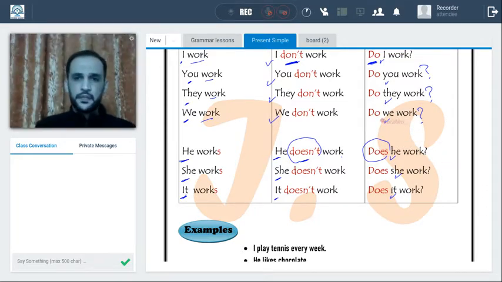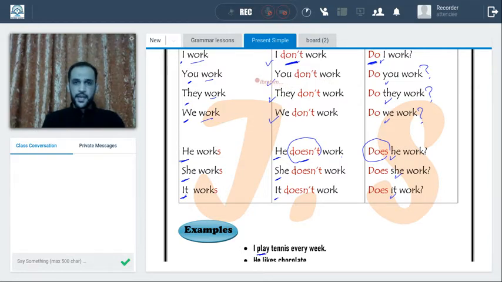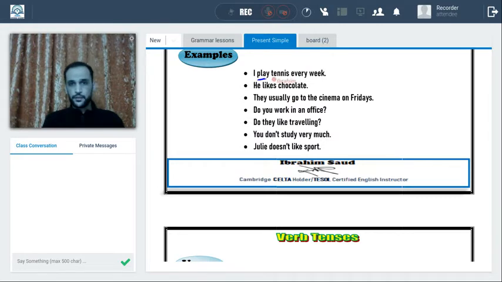Now, look at these examples. I play tennis every week. I play. Okay, so this is the verb in the first form. And I told you the meaning of the first form. The first form means when the subject is I, you, we, and they, I use the base form of the verb.